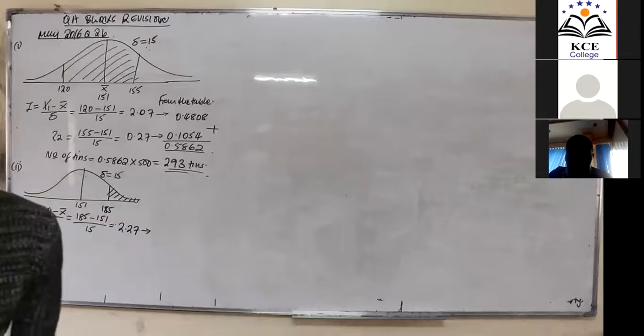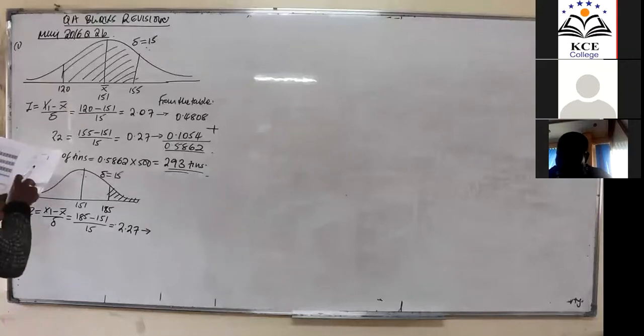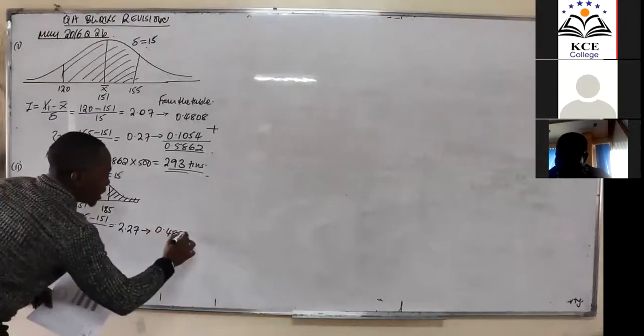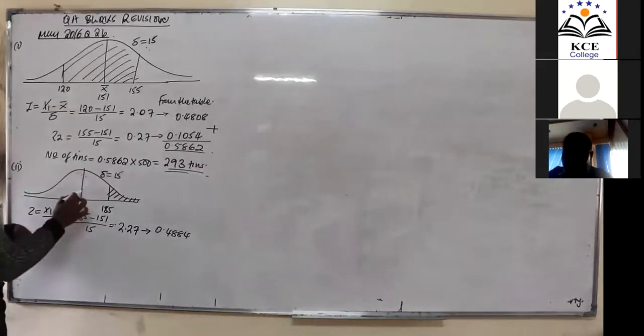Now let's do that from the table. 2.27 gives 0.4884. Good. So now with that, that's the probability between 151 and 185.